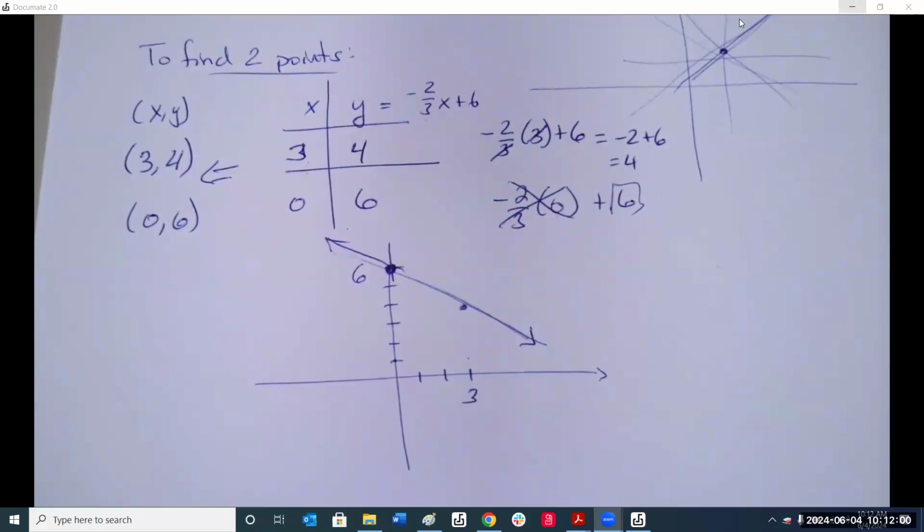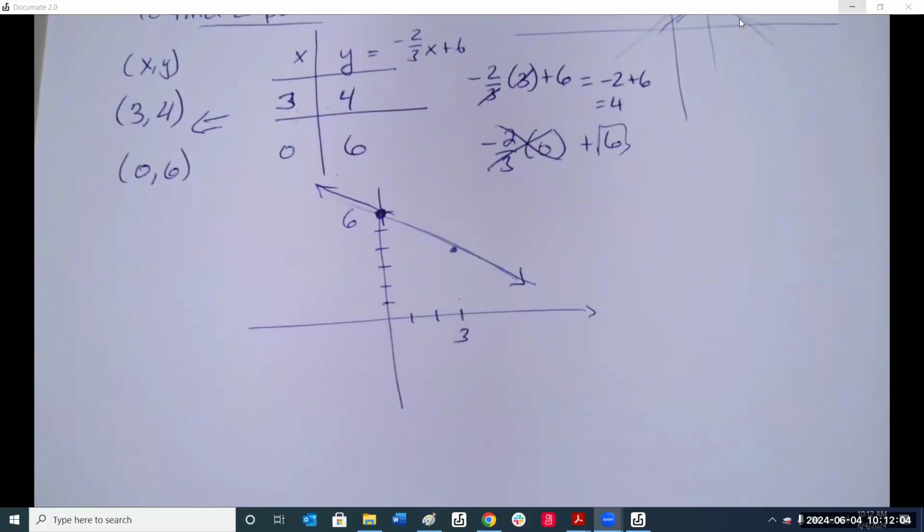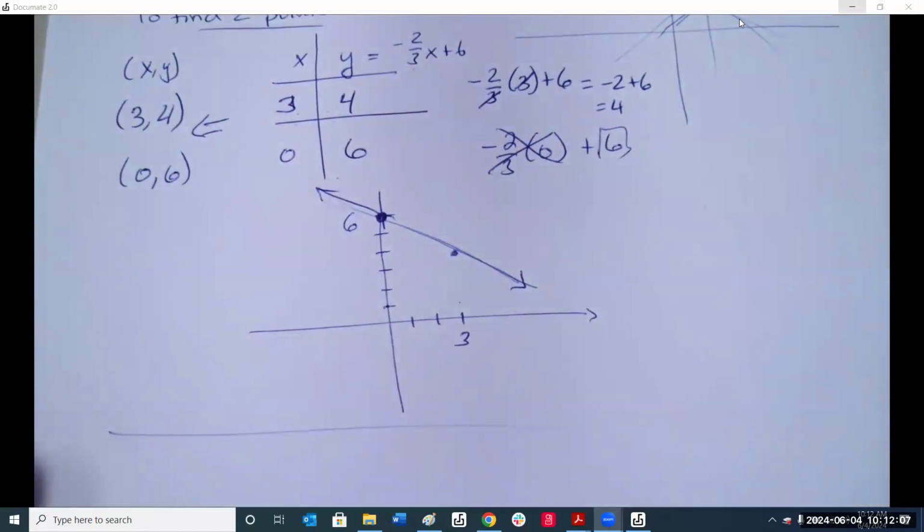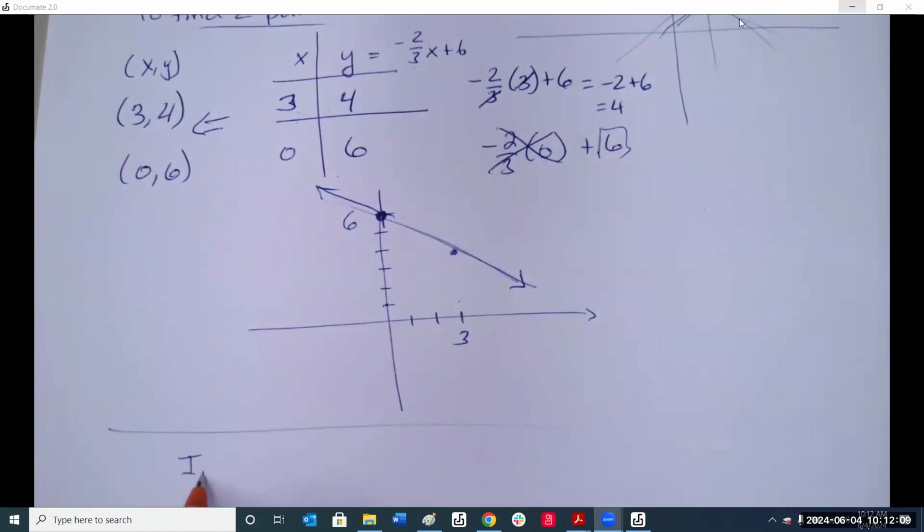There are a couple of ways we can solve these things. Another method you could use to try to solve it, besides plotting points, is the intercept method.